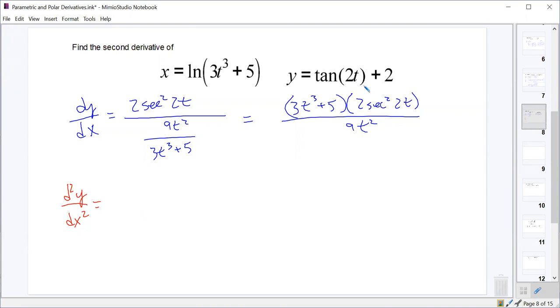So the derivative of that, we'll have to use the quotient rule for. So 9t squared times the derivative of the numerator, which ought to be 3t cubed plus 5 times the derivative of 2 secant squared 2t, which ought to be what, 8 secant squared tangent 2t.